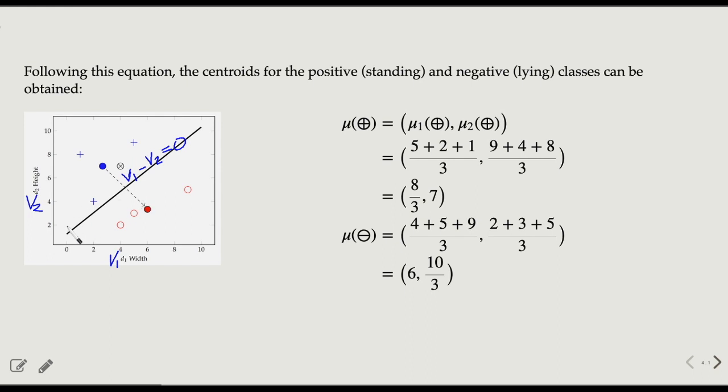Or I should say V2 minus V1 equal to 0. Okay, so this is a linear function. It's a linear combination of the two variables here, which forms the line here that separates the two classes.